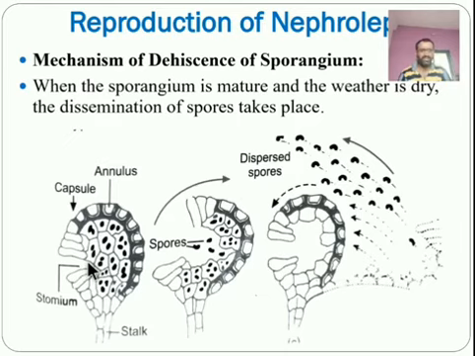Thus, the spores are released, and from this part, slowly the stomium is ruptured, and the spores present in this area are dispersed into the air. Each spore is more or less kidney shaped.